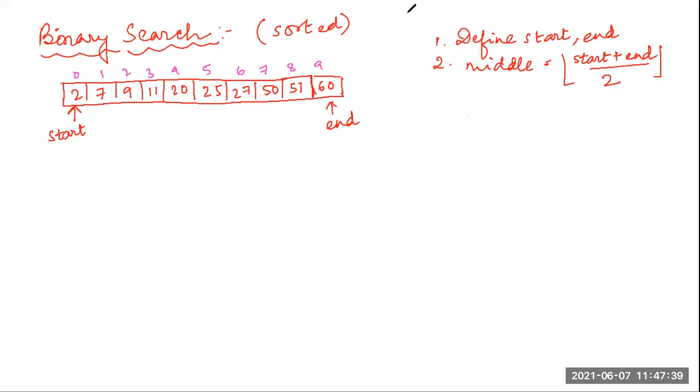Right. If this symbol had been opposite, then I would have used the ceiling one. But here, whatever value we get, we will take the floor value. So the floor value of 4.5 gives me 4. This is my middle position for the first step.